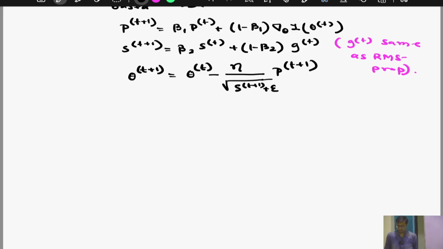Okay. So now you see that both the things are coming into picture together. One is basically scaling the learning rate. The other one is bringing the momentum information into your gradient. I mean, basically it's the best of both worlds, right?